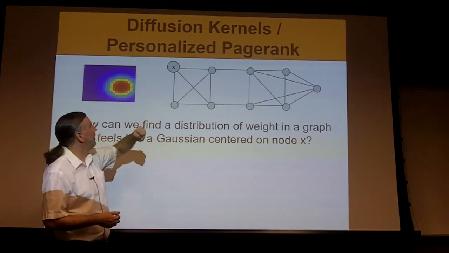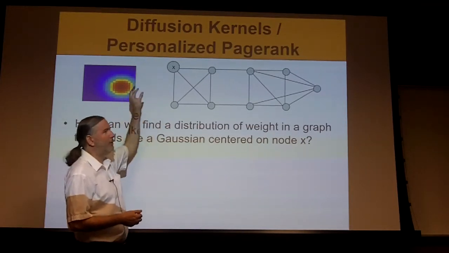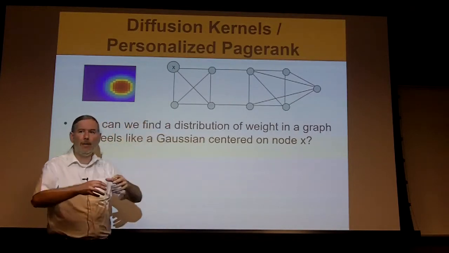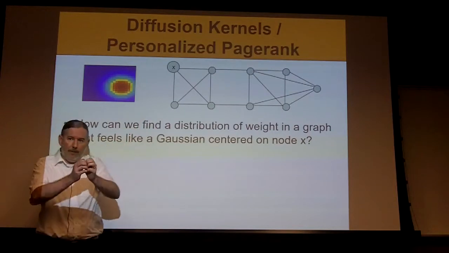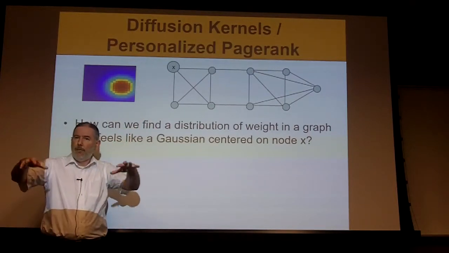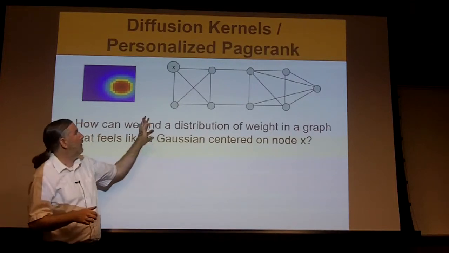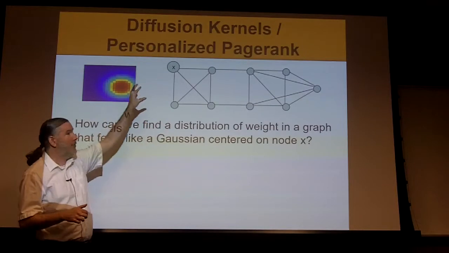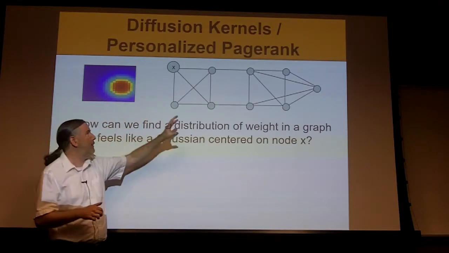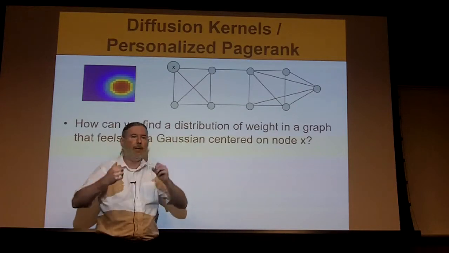The word diffusion kernel evokes this idea that maybe you're pumping some sort of viscous fluid into node X, and some of it dries and sticks to X, like you're watching paint dry, and some of it oozes out to the neighbors of X, and some of it dries on the neighbors of X and then oozes out to their neighbors. And so if you look at the overall distribution of that viscous fluid at the end of the day, it's highly concentrated around X, but also probably highly concentrated around nodes that have a lot of connectivity because there's a lot of ways to reach them.